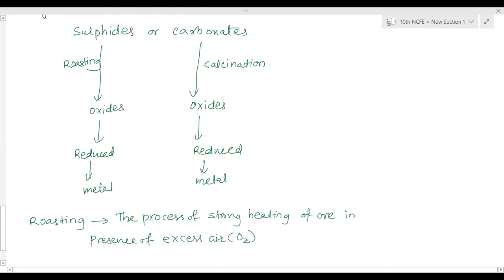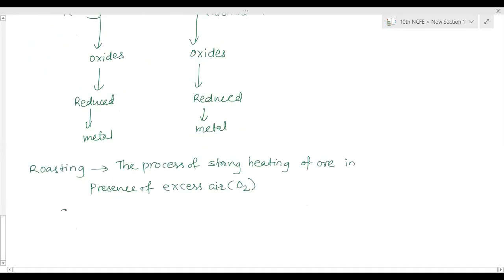In abundance of oxygen, it needs more oxygen. This process is called the roasting process. It is done for sulfide ores. Any sulfide compound combines with oxygen. Excess air is passed, so oxygen is present, and in that we are heating it. So it will form metal oxide.